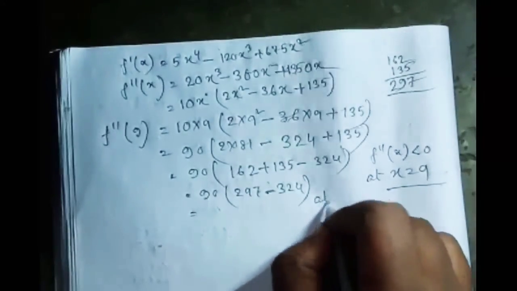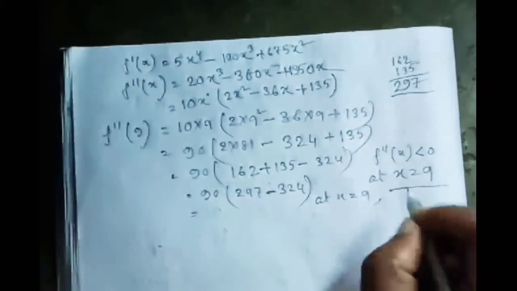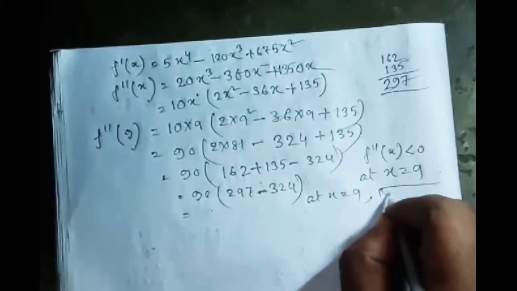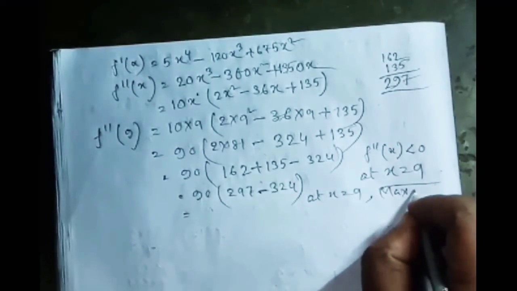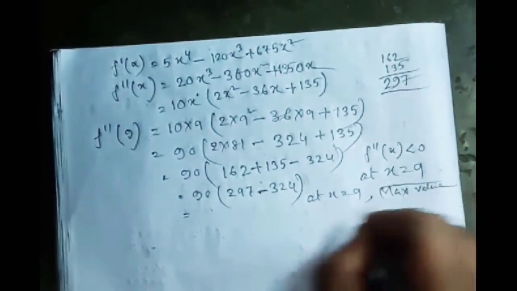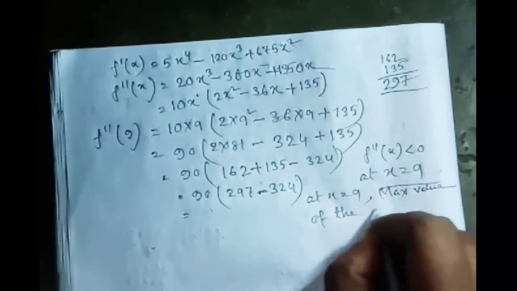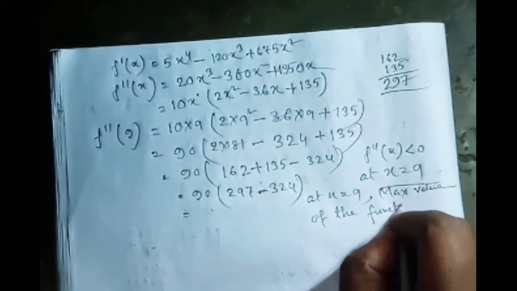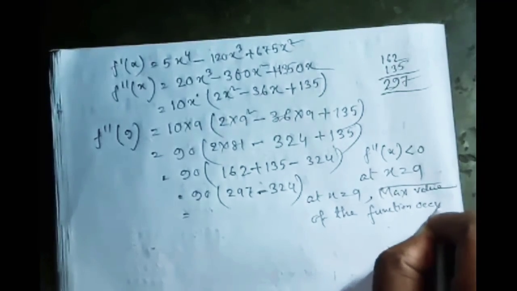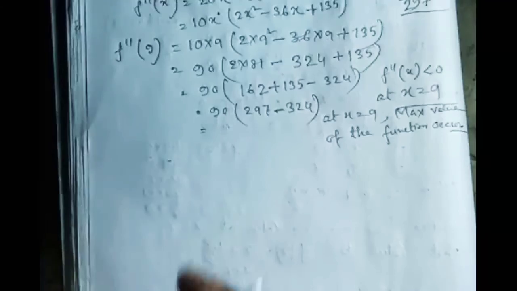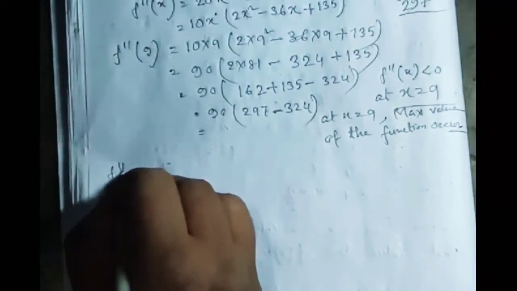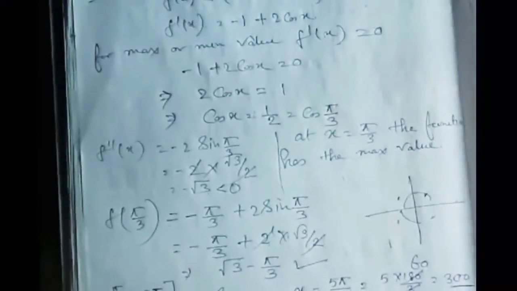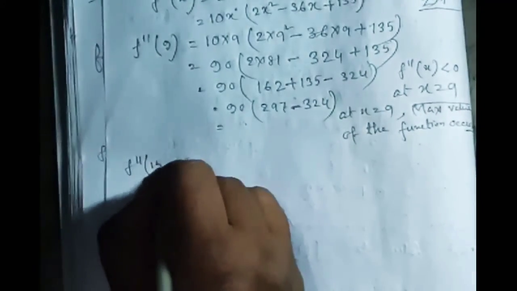So at x equal to 9, the maximum value of the function occurs. Okay. Next we will do it for x equal to 15.